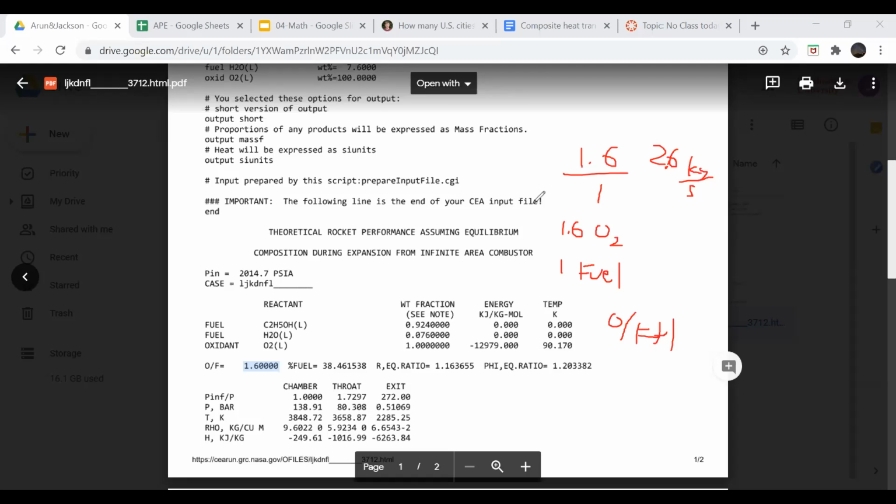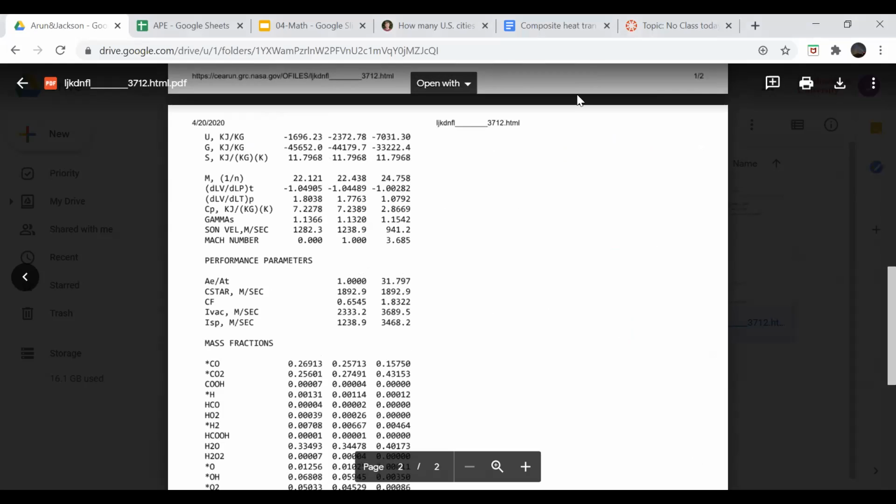So then in order to find the mass flow of oxidizer, basically, since it's oxidizer over fuel, you take your OF ratio divided by that sum of essentially the mass total, so OF plus 1, and then multiply it by m dot total.